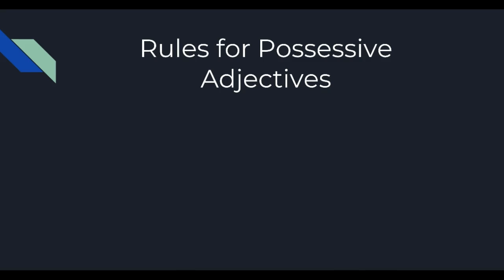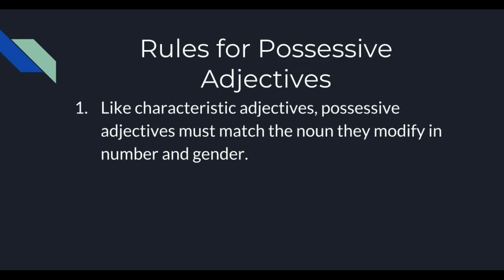There's a couple of rules for possessive adjectives we're going to go over, and you will want to include these in your grammar notes. Number one, like characteristic adjectives, now those are the adjectives we've been working on, like the colors. We've used words like beautiful, elegant, tall, short. So like those characteristic adjectives, possessive adjectives must match the noun they modify in number and gender.